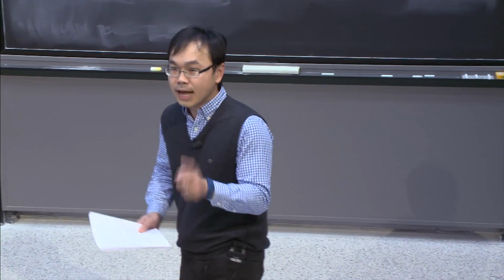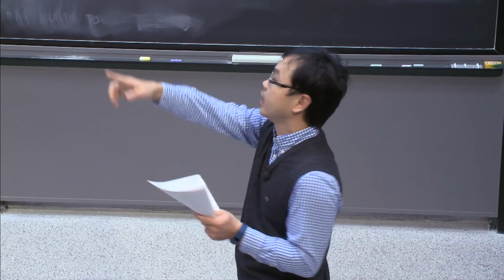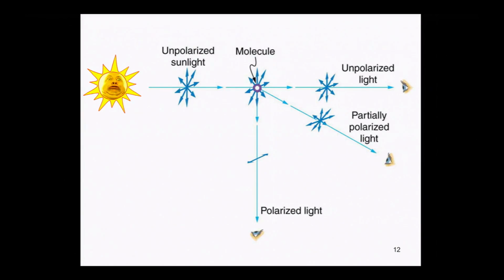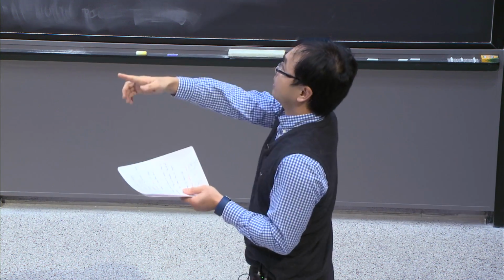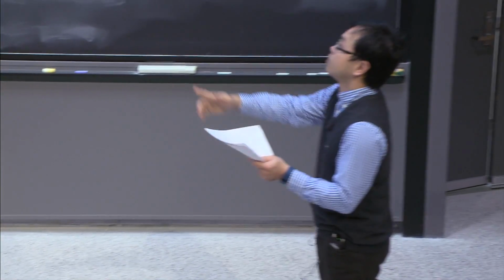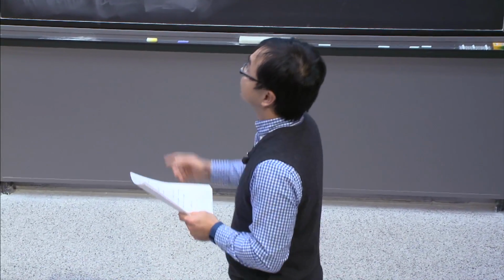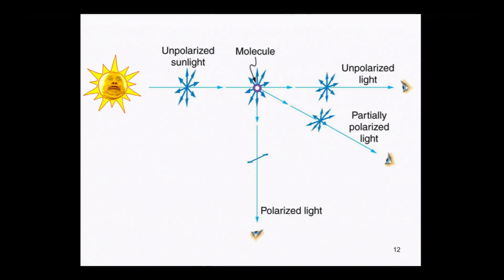On the other hand, if you are looking at the sky, roughly 45 or 90 degrees from the sun, what you are seeing is sunlight after scattering between the sunlight and the dust in the air.